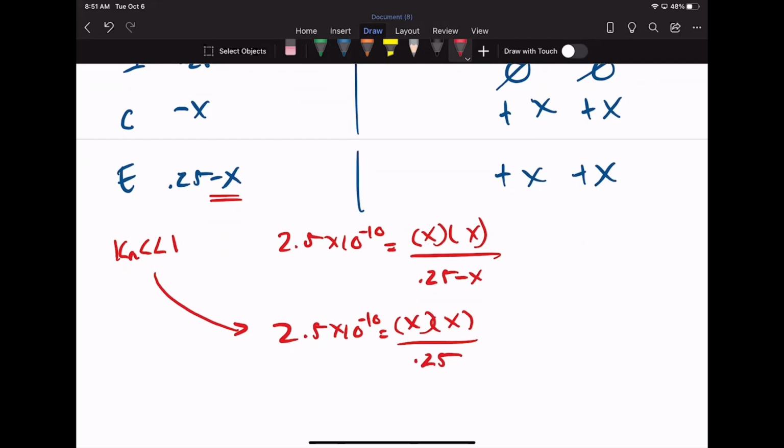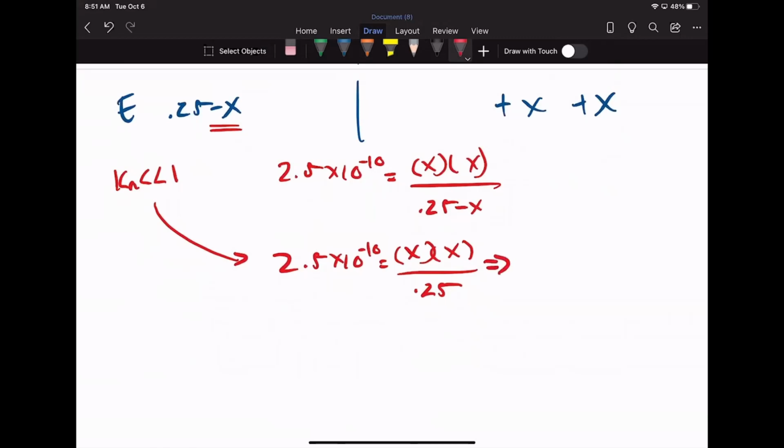And our Ka value is definitely a lot less than 1. It's to the minus 10, right? If it was to the minus 2, to the minus 3 might be pushing it. But if it's something like 10 to the minus 1 or 10 to the minus 2, I wouldn't make that assumption. But because this is to the minus 10, it's almost negligible and it's not really going to affect anything that we have here.